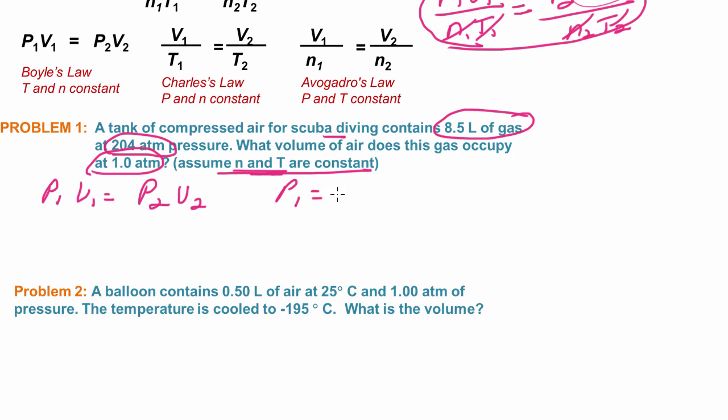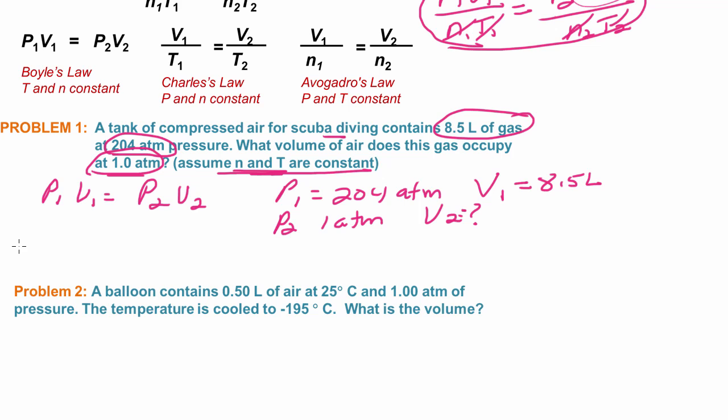So now I define the initial pressure. So P1 would be 204 atmospheres. And then I define the volume. So V1 would be 8.5 liters. And we're asked what volume of air does this gas occupy at 1 atmosphere. So P2 is 1 atmosphere, and V2 is what we're looking for.